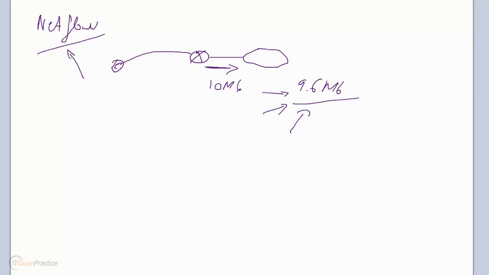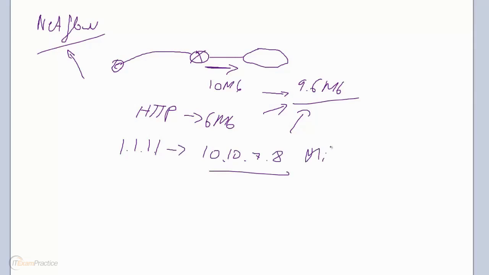And that's what Netflow can do. Netflow can see, oh, right, I can see HTTP 6 megabit going from to 10.10.7.8. Oh, that's Mike. What is Mike doing? So that's what you can achieve using Netflow.